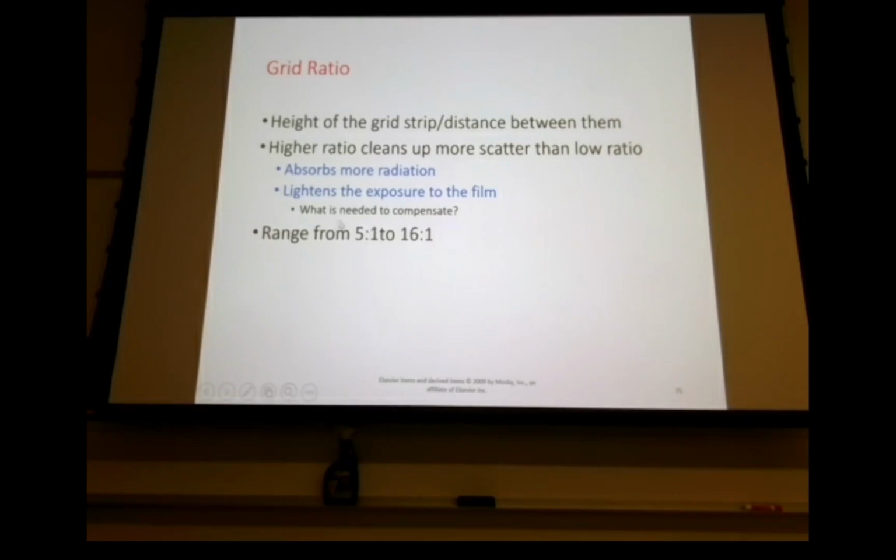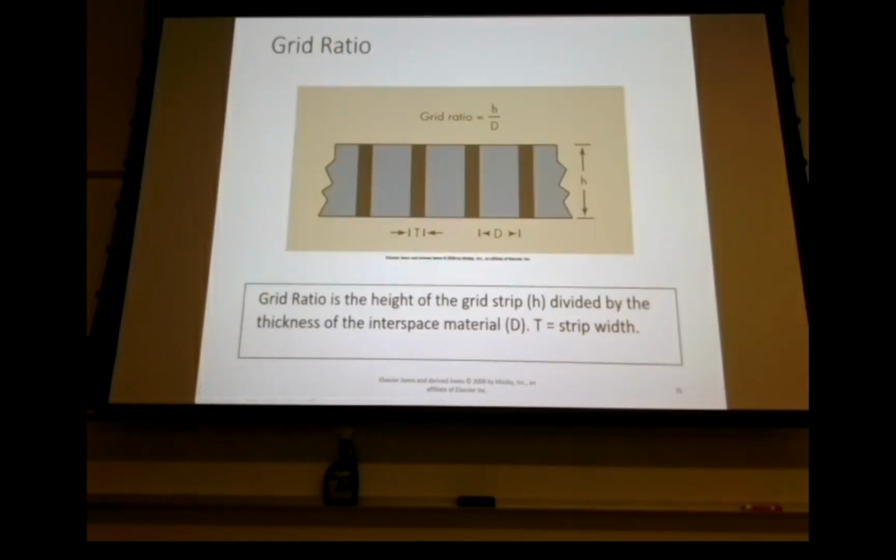So the higher this first number, the more effective the grid, the better cleanup you have, the better the contrast improvement factor, okay? So, 5 to 1, 16 to 1, everything in between. And we'll talk about the significance of those here in just a minute. So grid ratio, height of the grid strip divided by the distance in between. Height over distance gives you grid ratio.